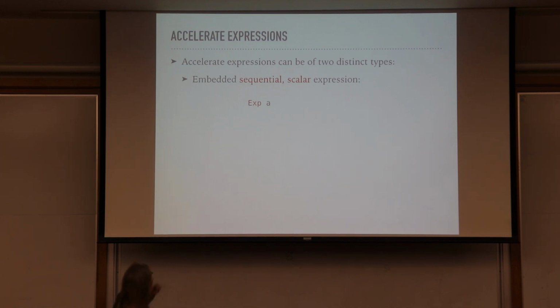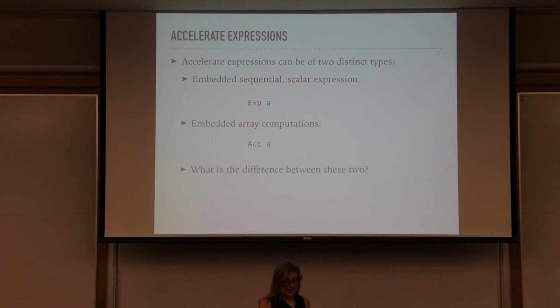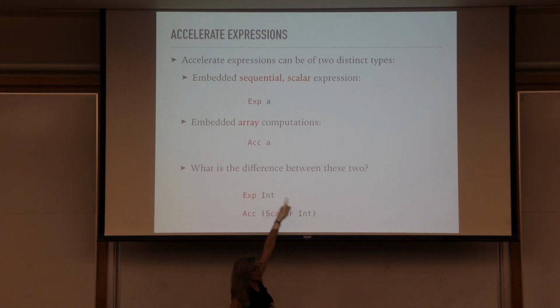We saw that Accelerate expressions have two distinct types. One is the embedded sequential scalar expressions, which we use for map, for zipWith, and so on. And then we have the embedded array computations. Both of them, Acc (Scalar Int) and Exp Int, are computations which return one single integer value.